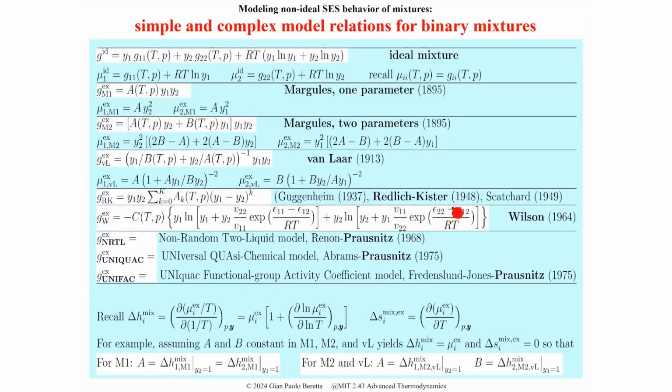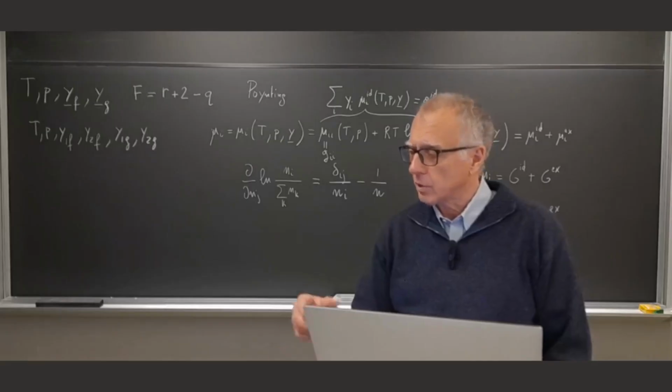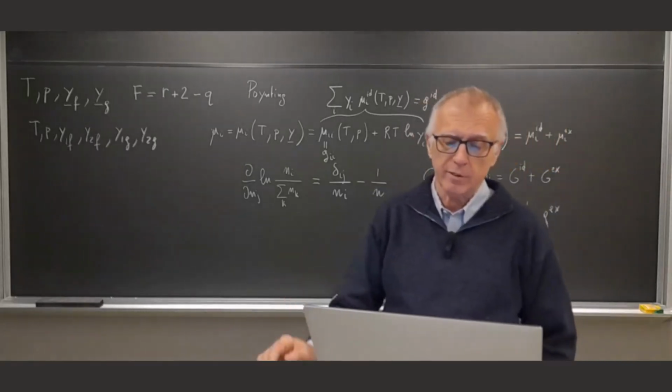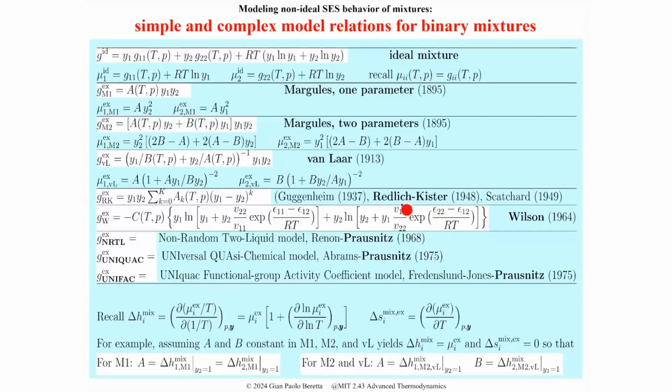And so you see the physics behind this model is still related to the fact that we're trying to describe intermolecular forces and their effects. And these are the specific volumes of the pure components.